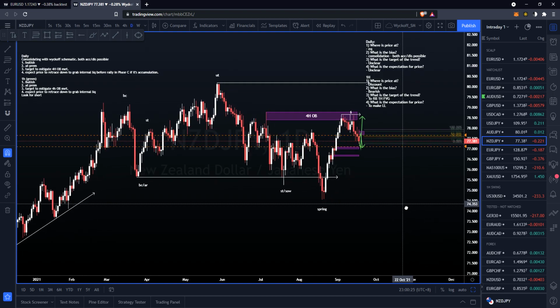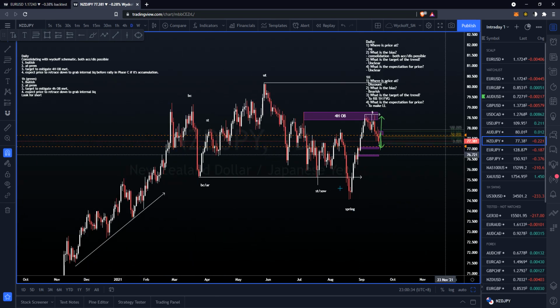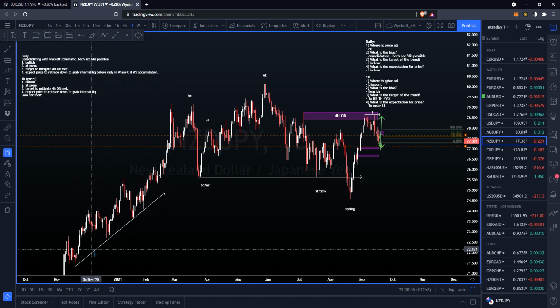NG, we have a big distribution schematic forming. Of course, it's similar to AJ, so a lot of sell side liquidity over here. We also have a lot of buy side liquidity over here, basically.